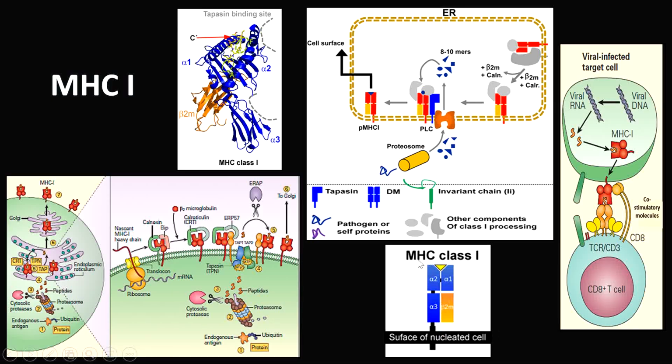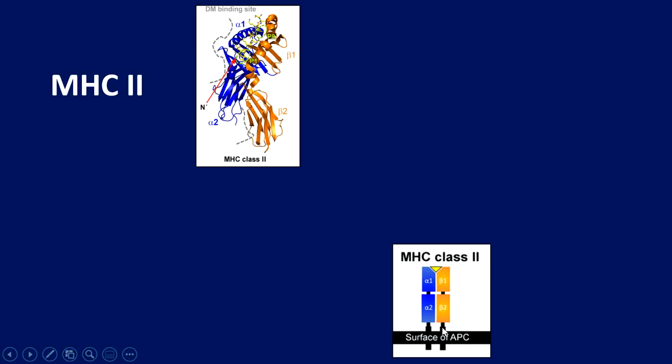Here I have written that MHC class 1 molecules are expressed on the surface of nucleated cells, and class 2 molecules are expressed on the antigen presenting cells. All of these class 2 molecules also contain a transmembrane segment and a cytoplasmic tail. The extracellular membrane proximal alpha 2 and beta 2 domains are homologous to immunoglobulin constant domains.